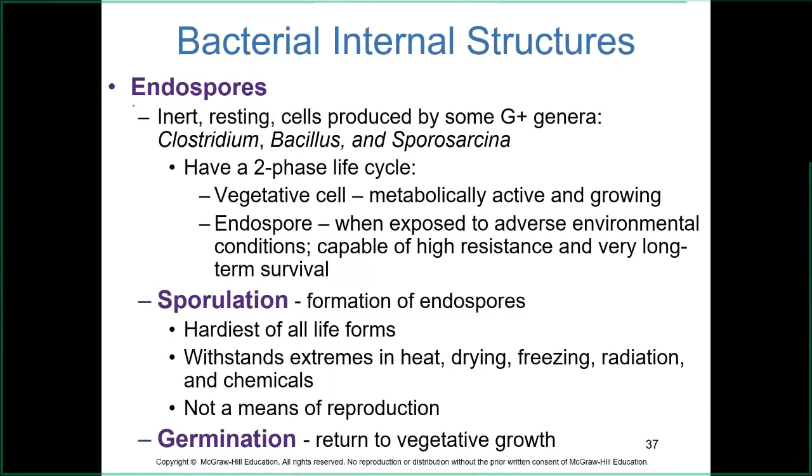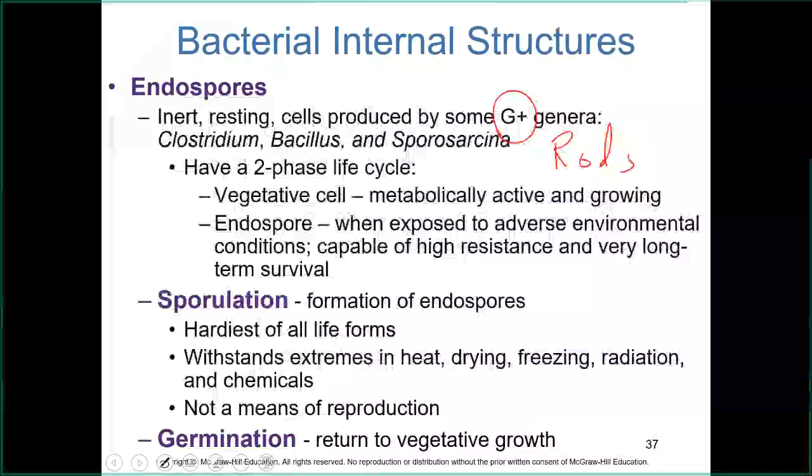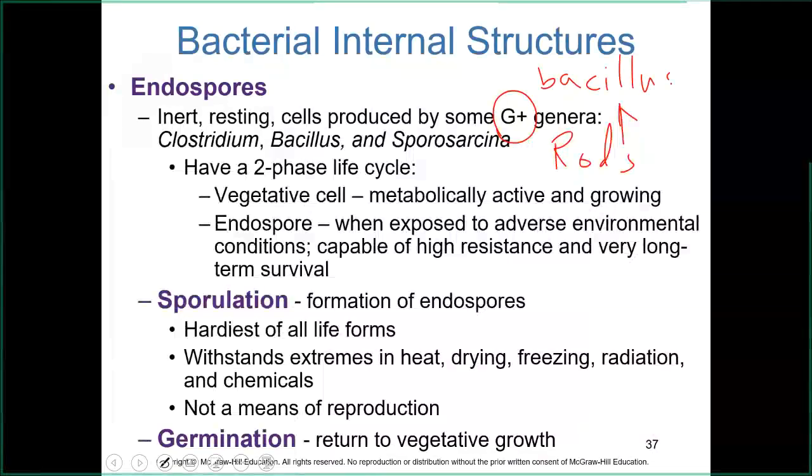So the kinds of organisms that are able to produce these endospores are always going to be gram-positive, and they are rods. Okay. The fancy word for a rod is bacillus. That's a term that describes that morphology, rod-shaped.